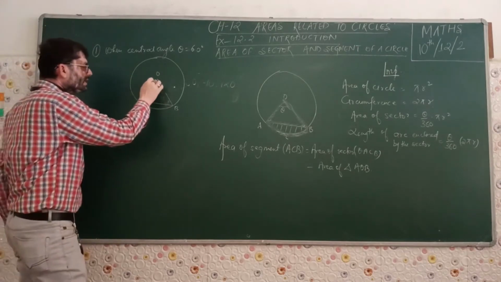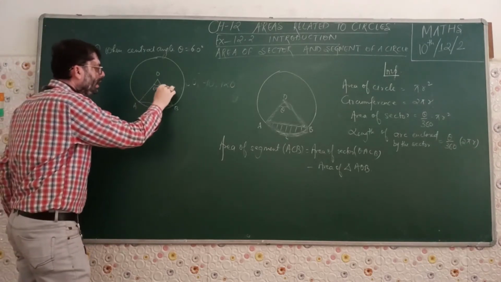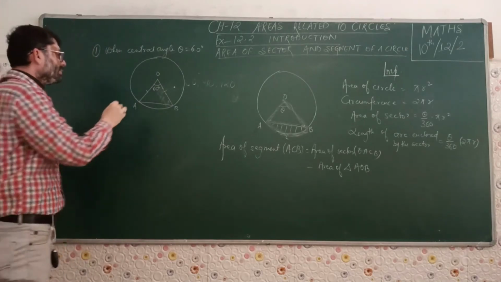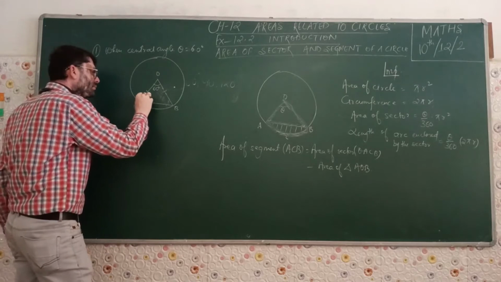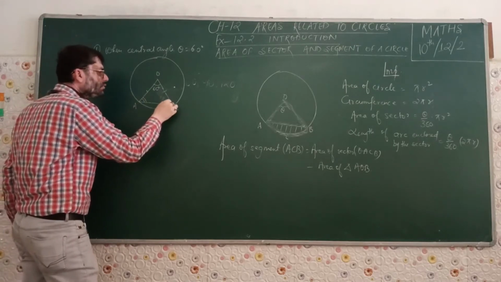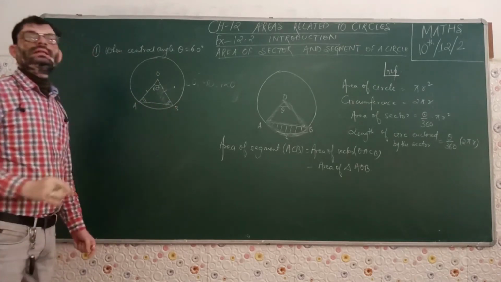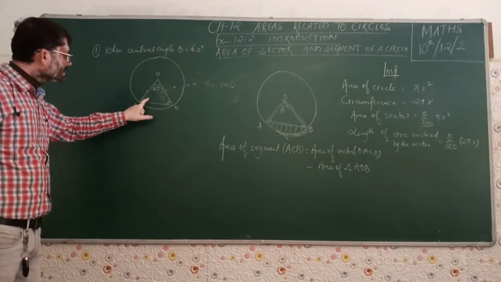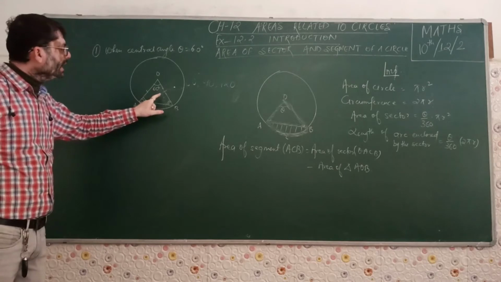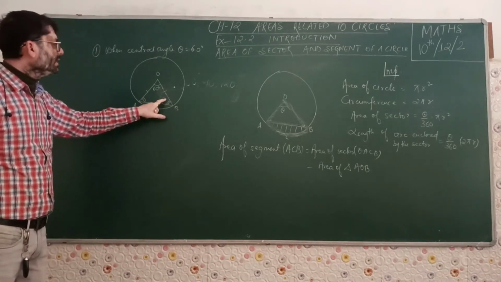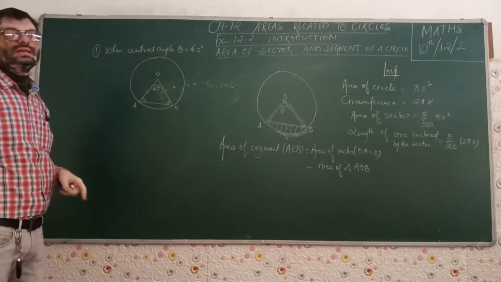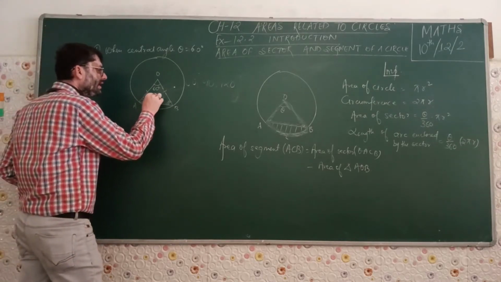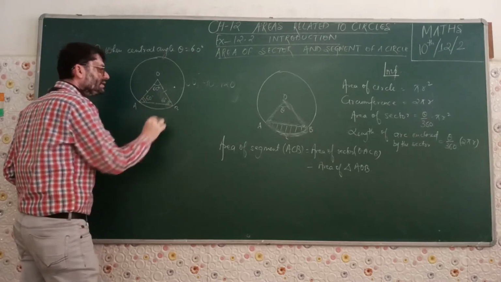If this is 60 degree, OA and OB are the radii of the circle, so they are the same. According to the isosceles triangle property, both angles would be the same, and by the angle sum property of triangles, the sum of three angles in a triangle is 180 degree, so this will also be 60 degree and this will also be 60 degree.